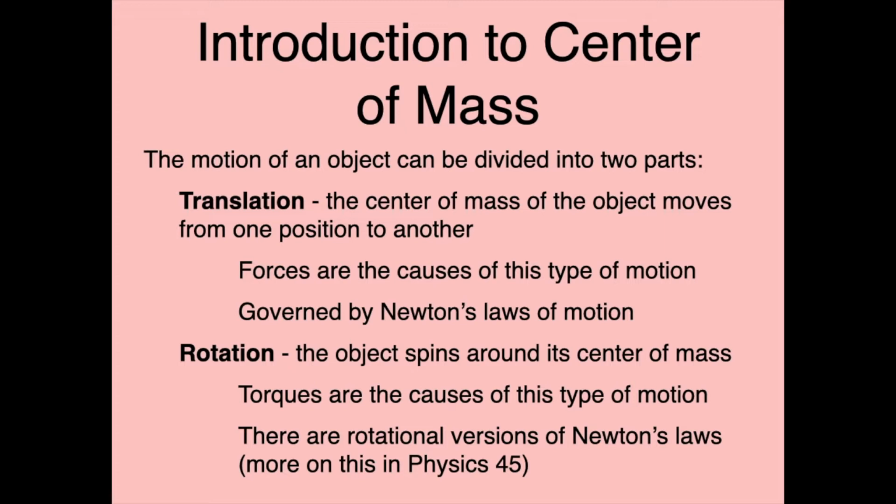There are also equations, kind of like Newton's laws, but they apply to rotational motion. We're not going to talk about rotational motion in this class. That's really a topic for Physics 45, but I hope you can see how center of mass is an important concept, because you can think of the motion of any object as translating, so its center of mass is moving from one place to another, and also rotating, spinning around.